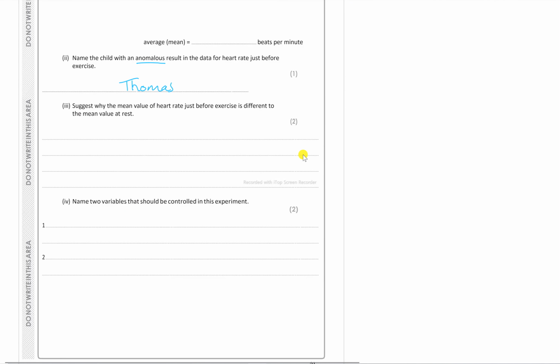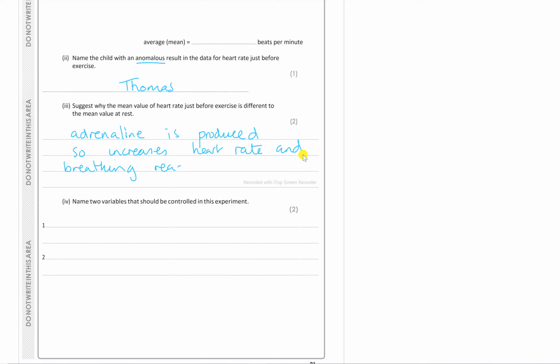Suggests why the mean value of heart rate just before exercise is different. Because adrenaline is produced by the adrenal glands, so increases heart rate and breathing, ready for exercise.